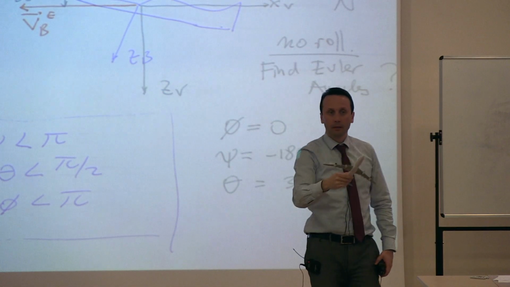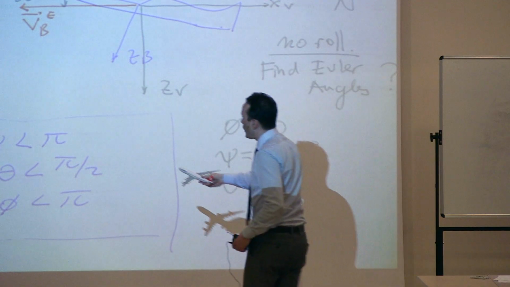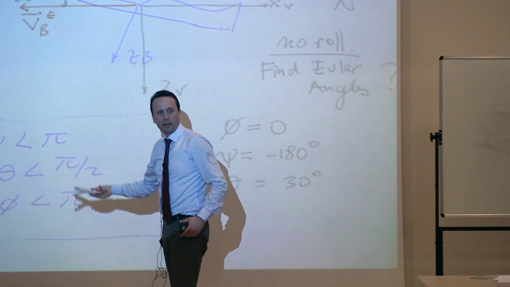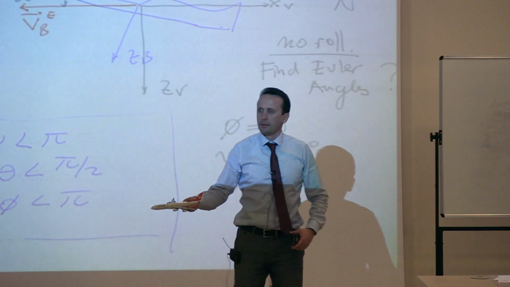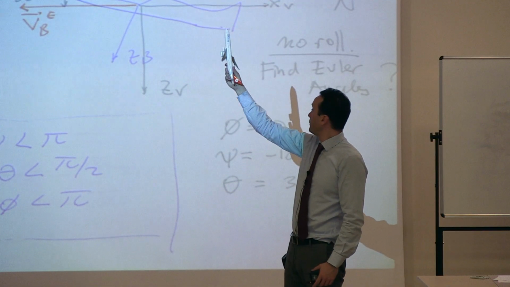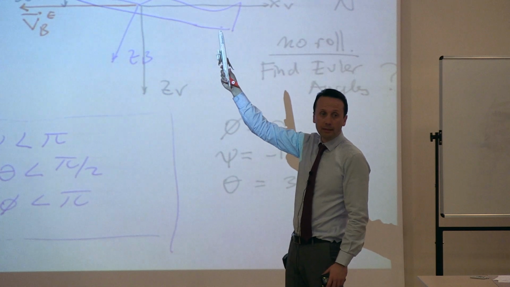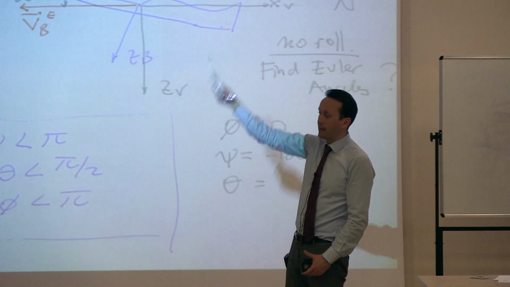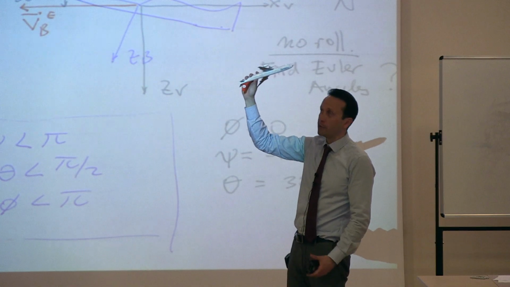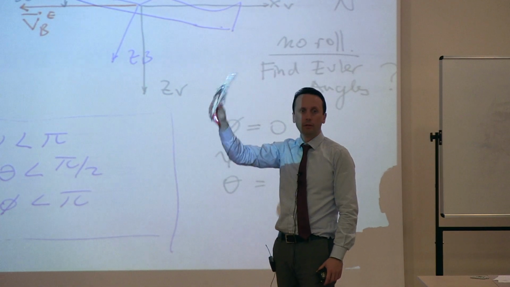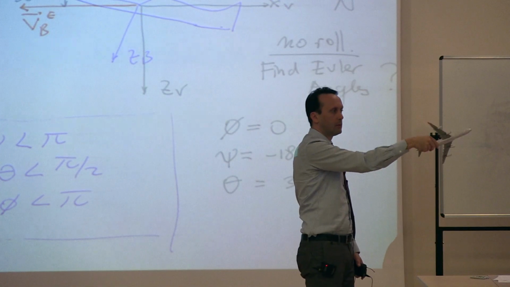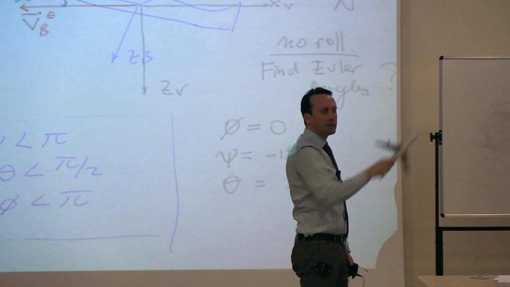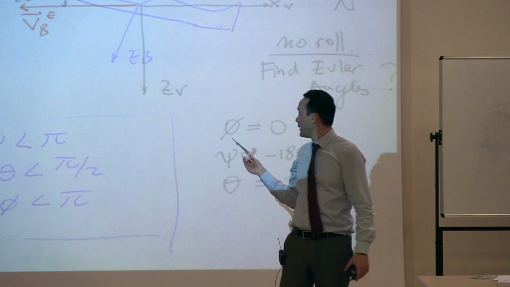You see? I'm trying to answer why theta is not from minus pi to pi. Because this would be pi over 2, 90 degrees, right? So if the airplane is in this condition, you don't need a theta that's more than 90 degrees. If the airplane is in this situation, you would just do that, go here, go up, and do this. Okay? So therefore, you don't need more than 90 for theta.